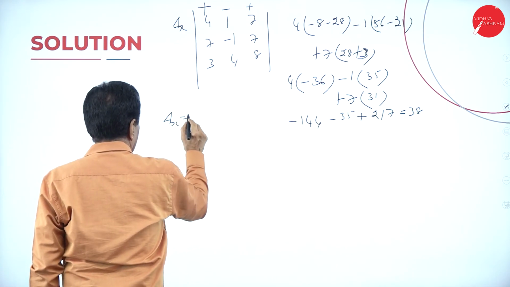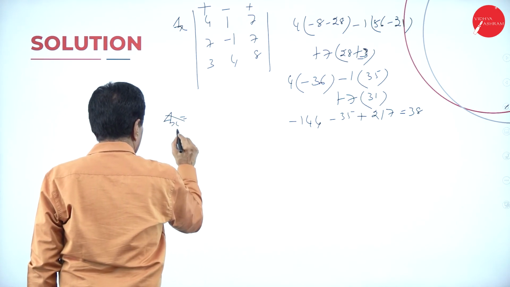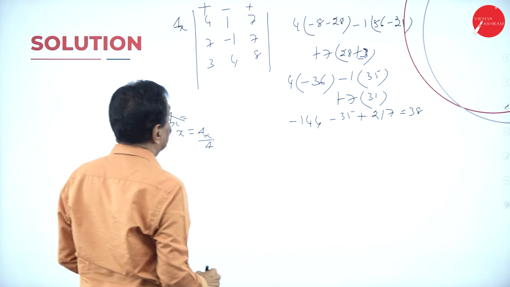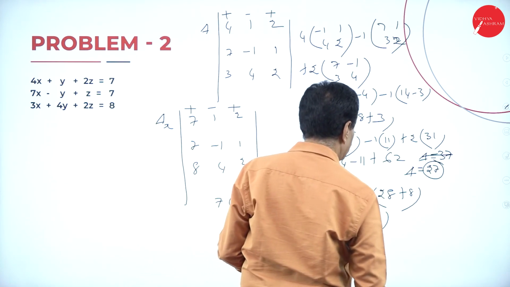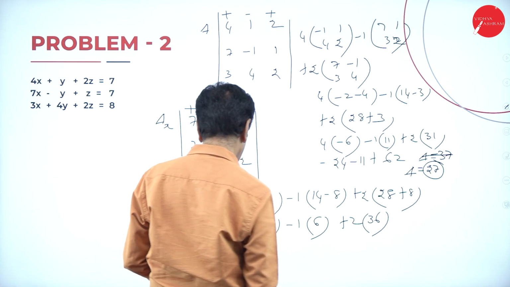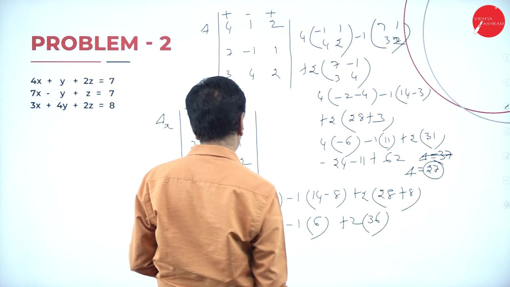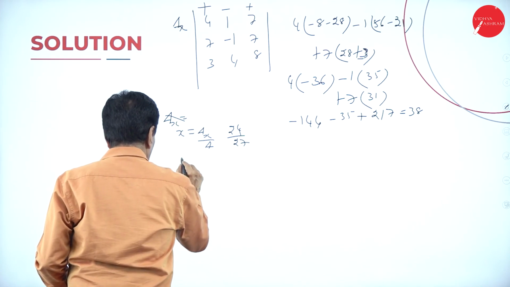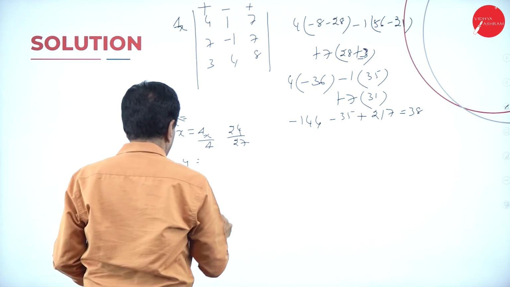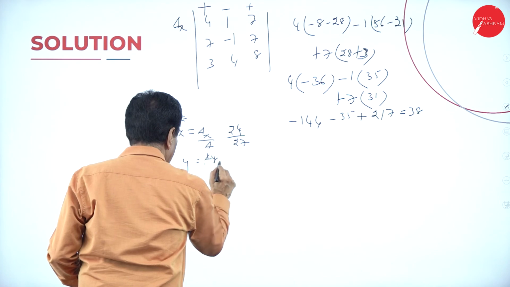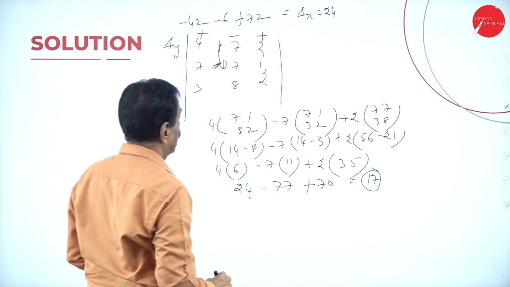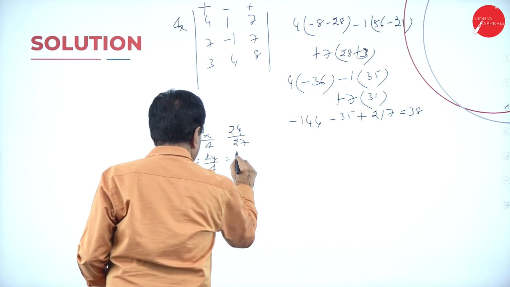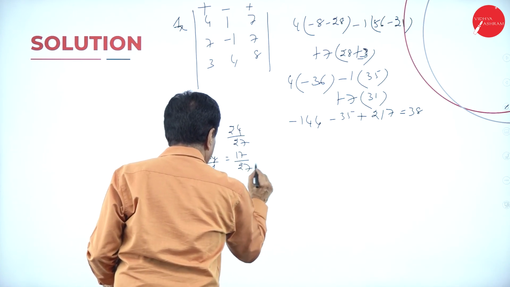Delta x is equal to delta x divided by delta. First one, your delta is 27. Your delta x is equal to 24 divided by 27. Y is equal to delta y divided by delta. Your delta y is 17 divided by 27.